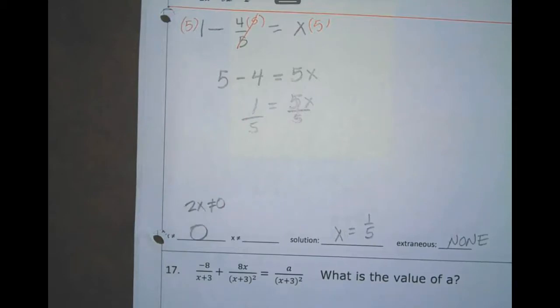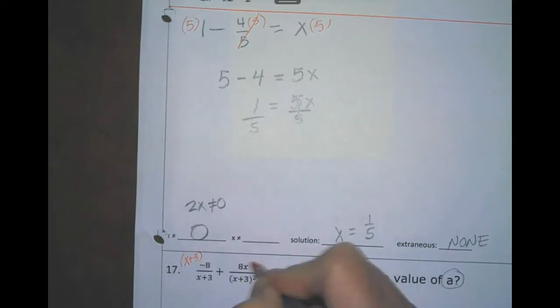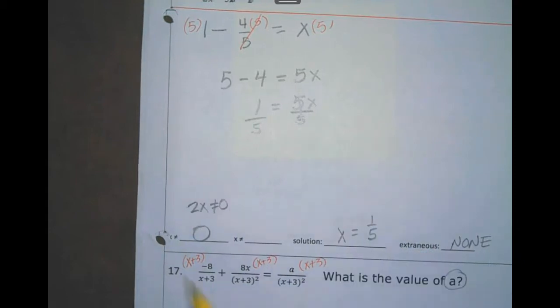The next problem is a little bit different in that I'm not solving for x, I'm trying to find the value of a. But I still need to cancel out those denominators. So I'm going to multiply the first term times x plus 3, and this term by x plus 3, and this term by x plus 3.